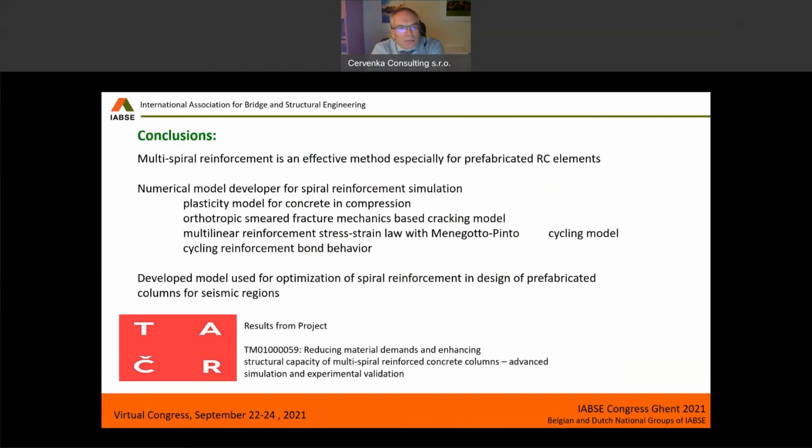And the model that we developed is using plasticity for concrete in compression, an orthotropic smeared crack model for cracking using the crack band model, a multilinear reinforcement stress strain law with the Menegotto-Pinto cyclic model, and important is also that we take into account the cyclic behavior of reinforcement bond.